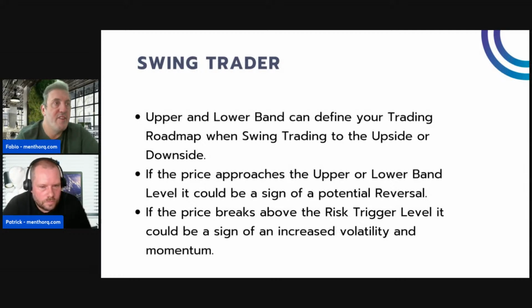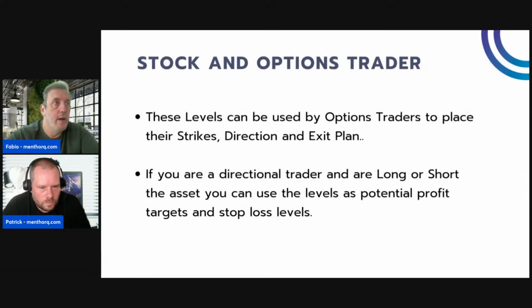If the price breaks above the risk trigger level, it could be an inflection point, similar to what you would do with support and resistance levels. If you are an option trader, you can also use this model to potentially sell credit spreads, using strategies like credit spreads, iron condors, and so on. That's another use case.